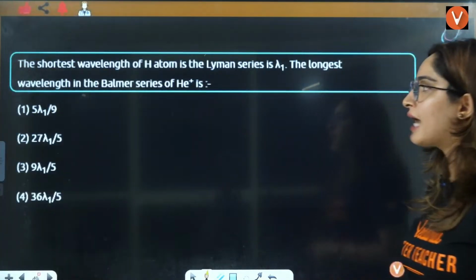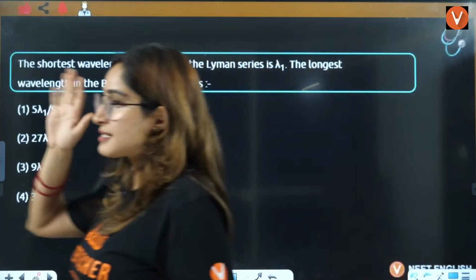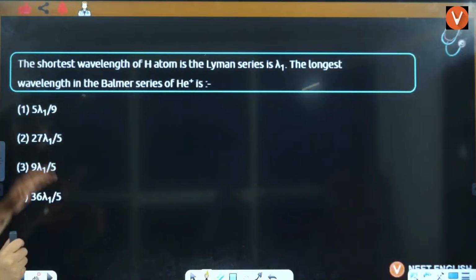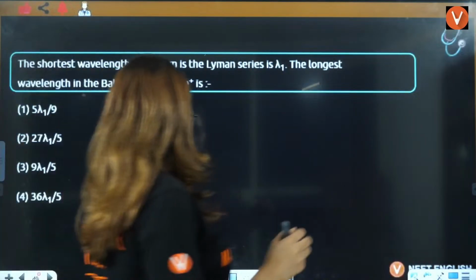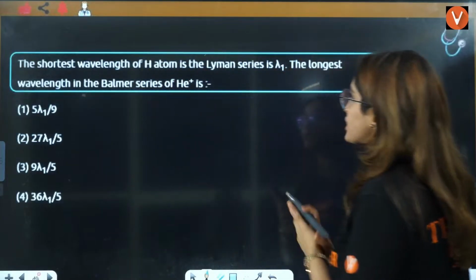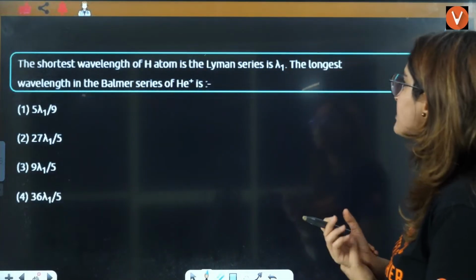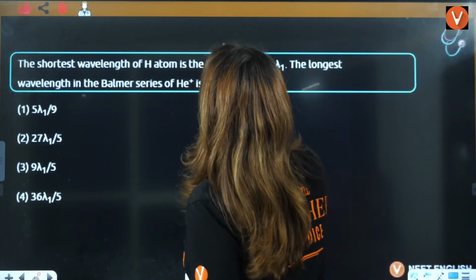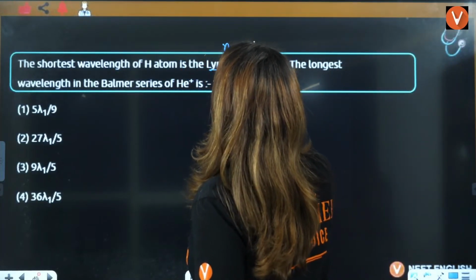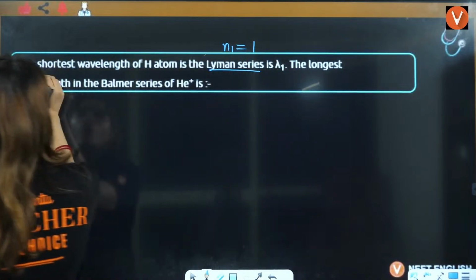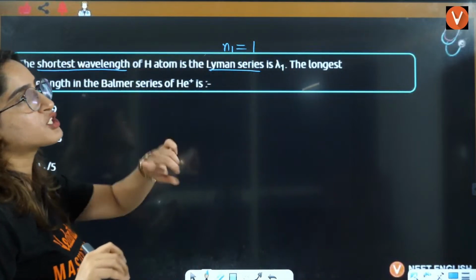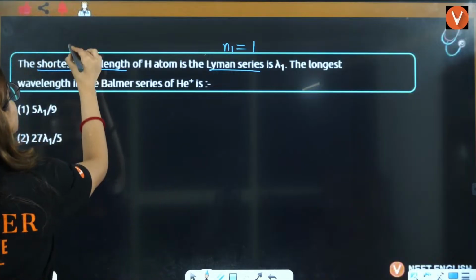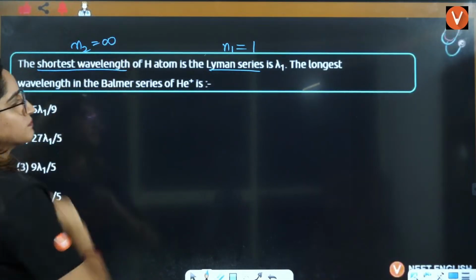Okay, now this is a question. Let's see this. They are saying the shortest wavelength of hydrogen atom in the Lyman series is lambda 1. Now Lyman series means N1 is 1. Can I say shortest wavelength means energy will be maximum? That means N2 is going to be infinity, right?